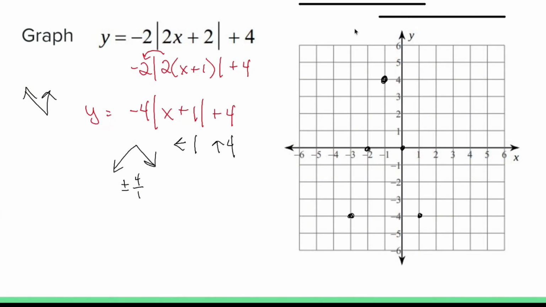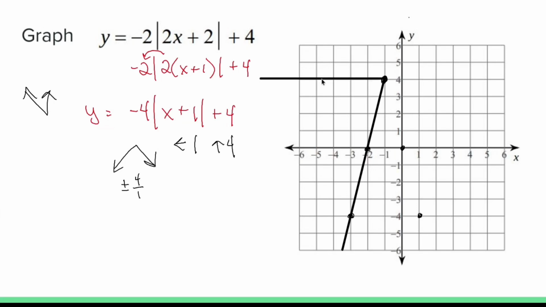Take your lines, draw your lines going through the dots, and that ought to do it. So, there you go.